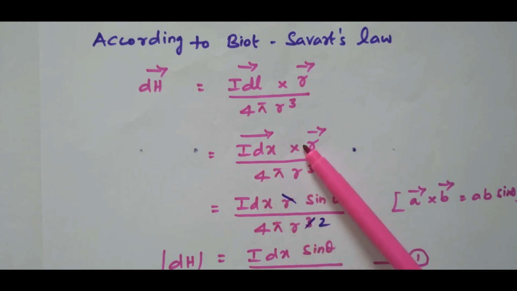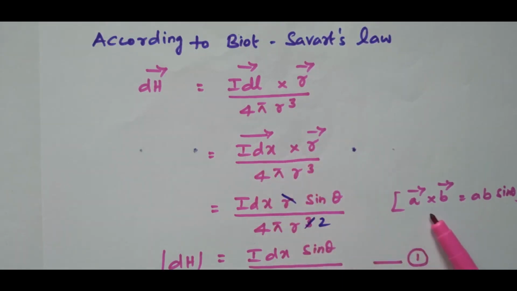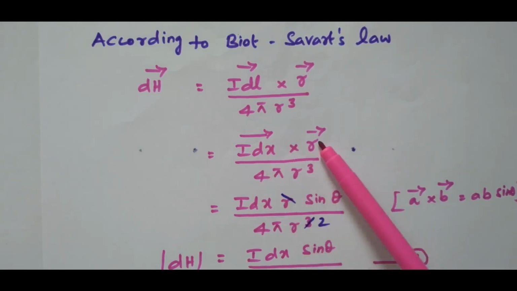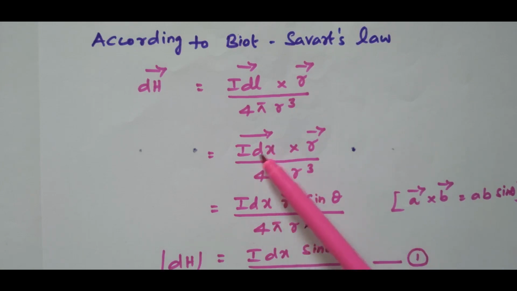What is A vector cross B vector? A vector cross B vector equals AB sin theta. So Idx vector cross r vector equals Idx into r into sin theta.